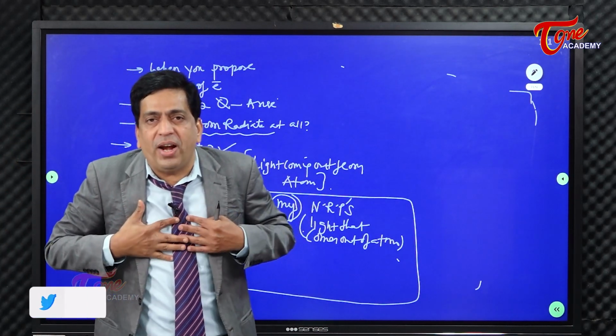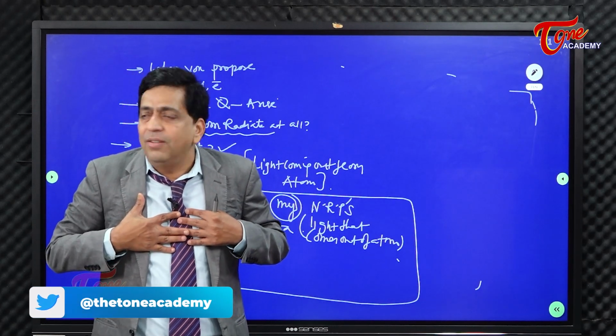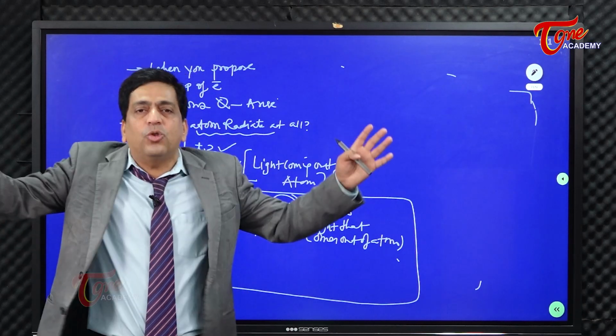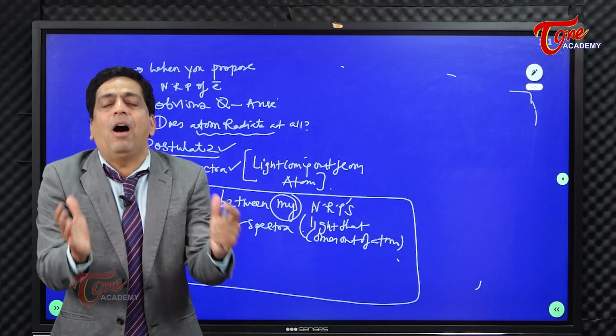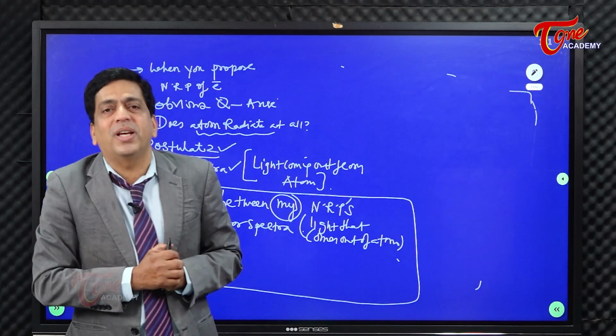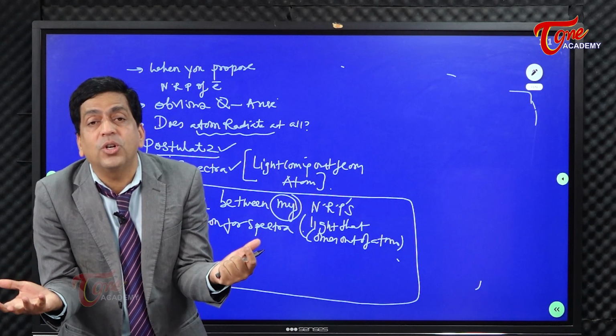For that proposal of NRP, which revolutionized science, I received the Nobel Prize. There is no going back till date. NRP is, of course, the one which prevails now. Now the question arises, if you propose NRP, how does the light come out? And that is explained in postulate number 2.